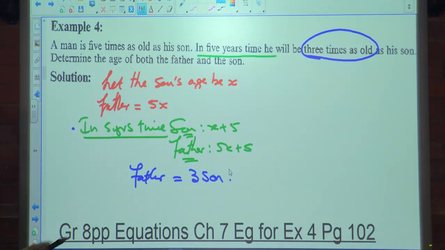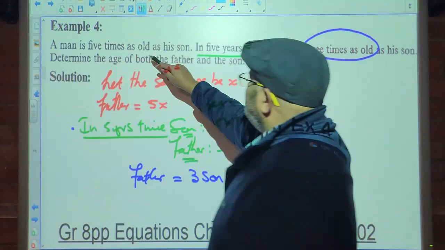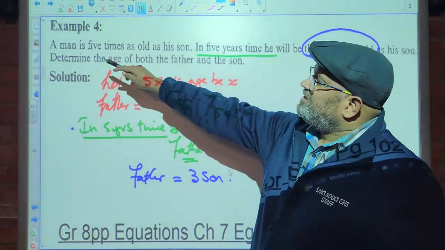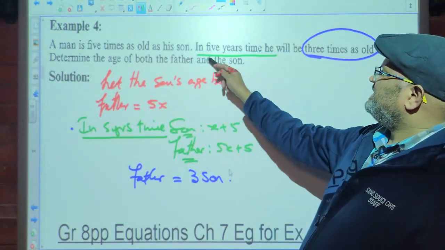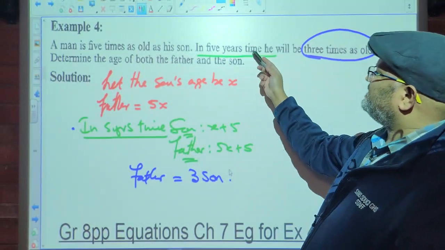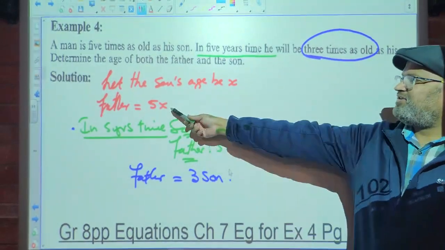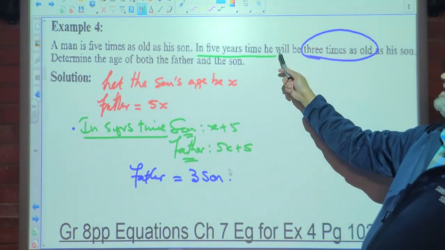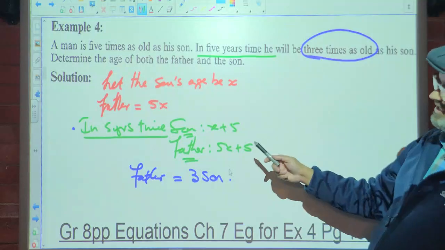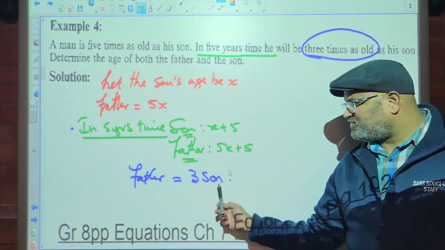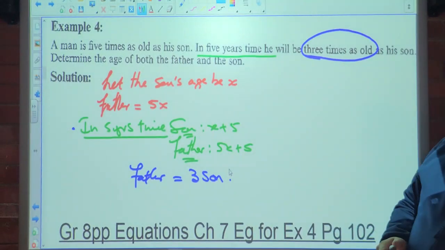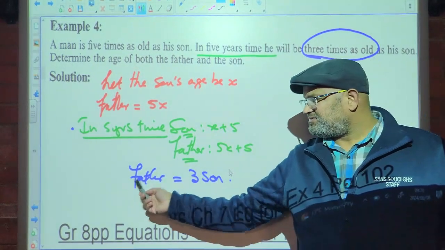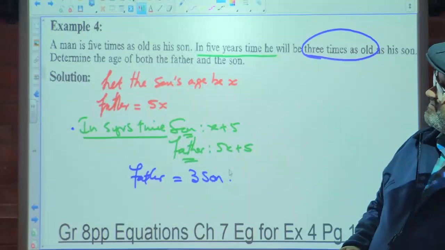Okay, so let's read again. A man is 5 times as old as his son. So son is x, the father is 5x. In 5 years' time, if you add 5 to the ages, so x plus 5 and 5x plus 5, he will be 3 times as old as his son. We don't put a 3 here, no? Because many times the learner makes that mistake.